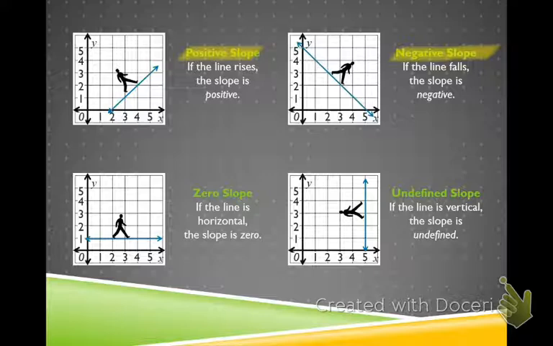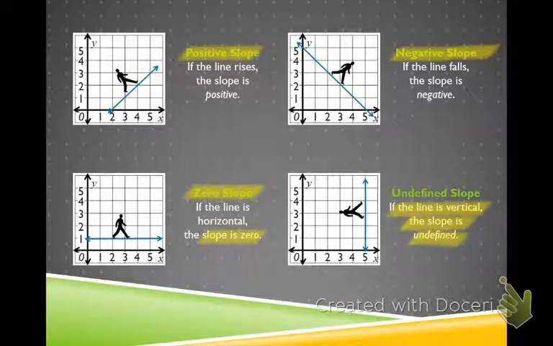A zero slope is a horizontal line. What's important is that you understand horizontal lines have a slope of 0, but vertical lines have an undefined slope. If the line is vertical, the slope is undefined.